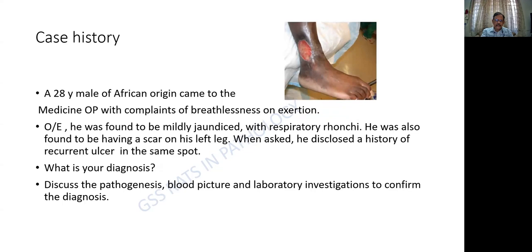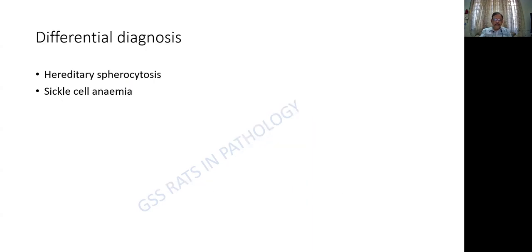So this is the leg ulcer we have been talking about. Always look for keywords in the history. African, jaundiced, ulcer. So my differential diagnosis would be hereditary spherocytosis and sickle cell anemia.